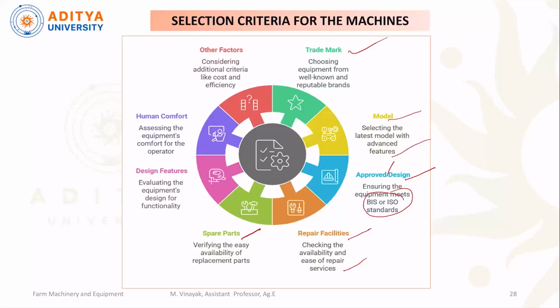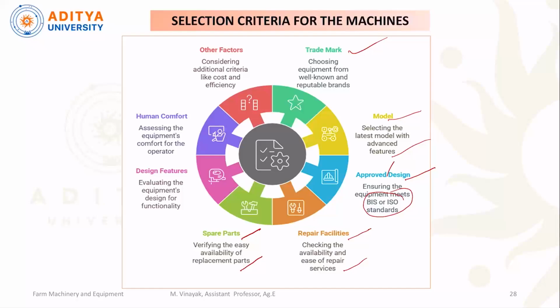Next one is spare parts, verifying the easy availability of replacement parts. Just now I explained regarding spare parts. If any part is damaged, it should be replaced with a new one. The part should be available within our premises only.